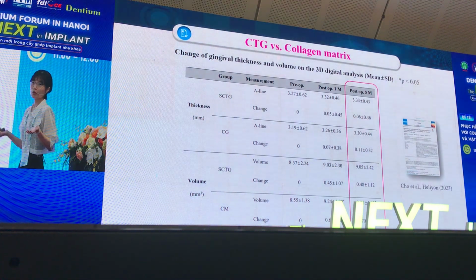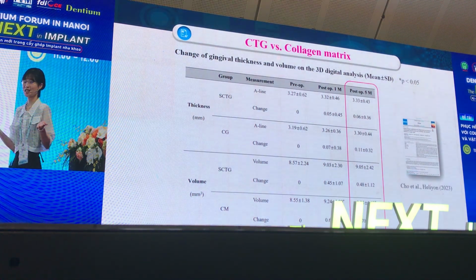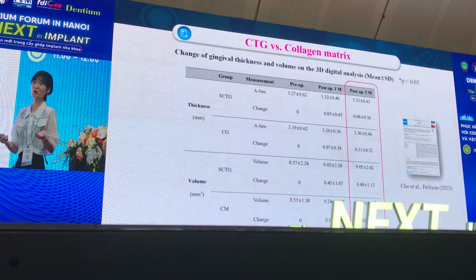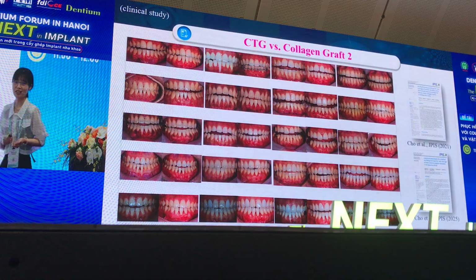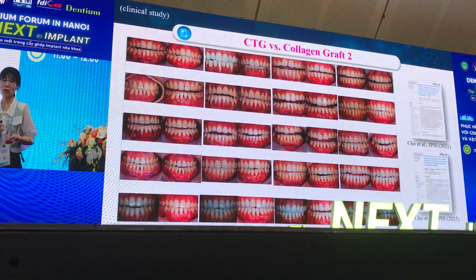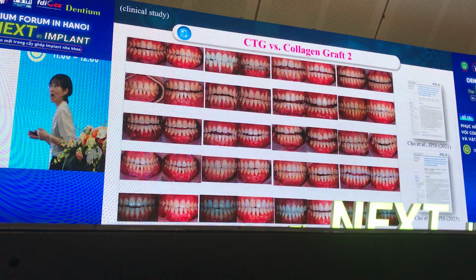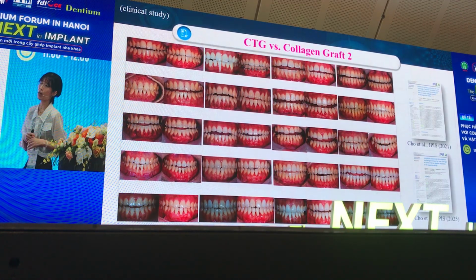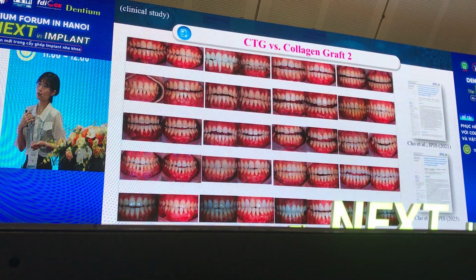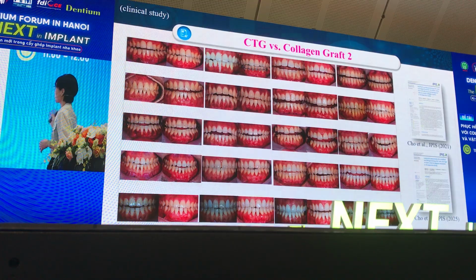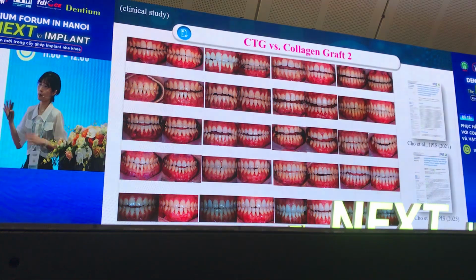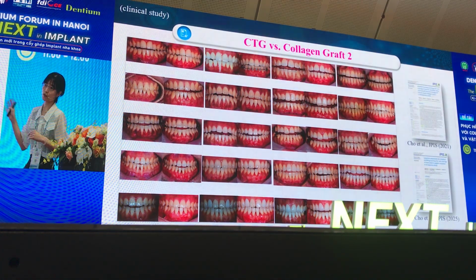When I show you this data, many scientists say that it is just preclinical data. So I prepared the clinical study data. Because we have used the collagen graft for a very long time, we have long-term clinical outcomes. In our department, we do retrospective studies and publish papers about that periodically, about every 4 or 5 years.